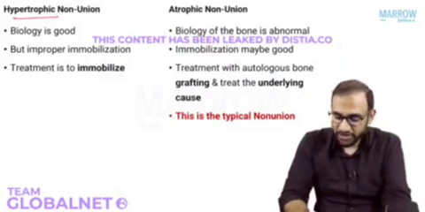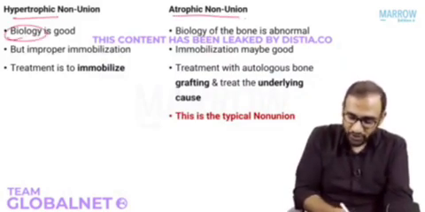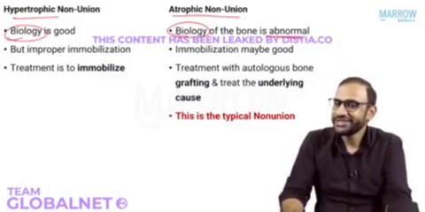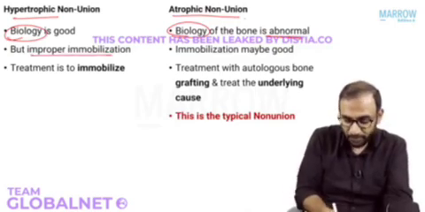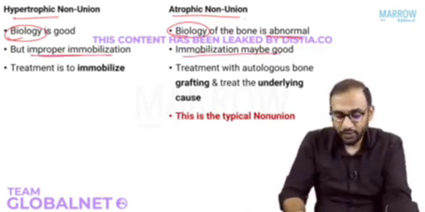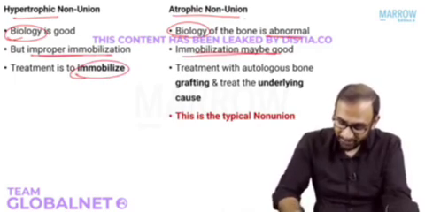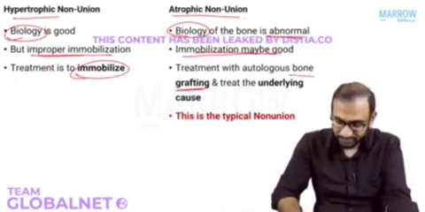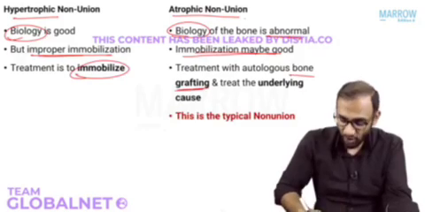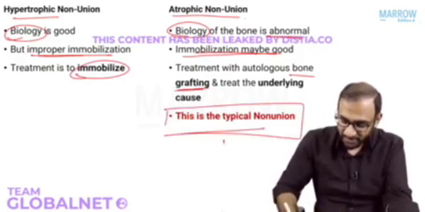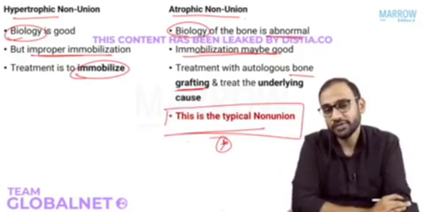Hypertrophic non-union versus atrophic non-union. Biology is good. Biology is abnormal. Improper immobilization. Immobilization may be good. Treatment is to immobilize. Treatment is to immobilize as well as give bone grafting. That is the thing. So for all intents and purposes, this is the typical non-union that we are talking about.